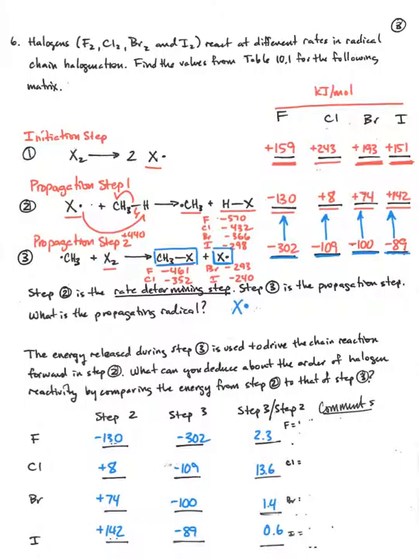So if we analyze the situation for fluorine, both of these values are negative, and that's not necessarily the best thing when heat is evolved and we're talking about selectively substituting a CH bond in any particular molecule. What this tells us, since both values are negative, is that fluorine is not selective.